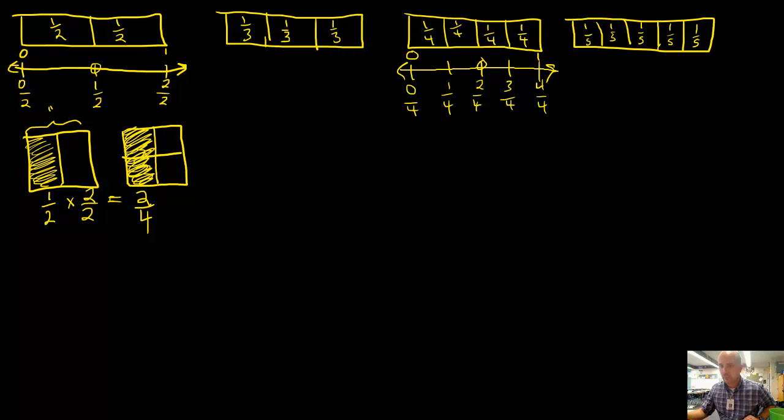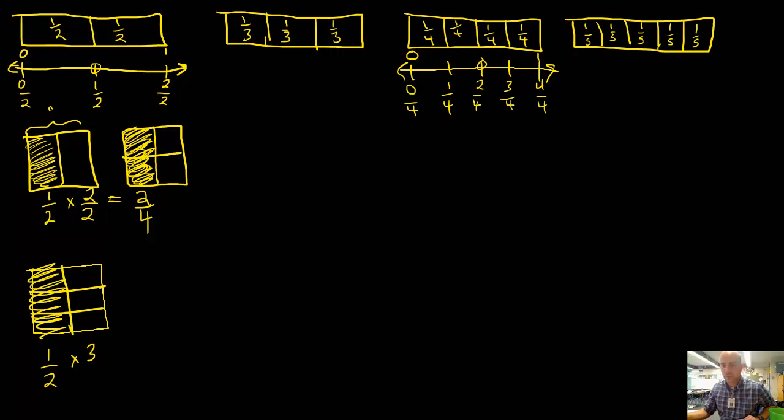Okay, then let's go ahead and do one with thirds. Let's take my 1/2, and I'm going to take this guy. Sweet. And let's cut this guy into thirds here then. So I took my 1/2. I took 1 of them and I cut that into 3.